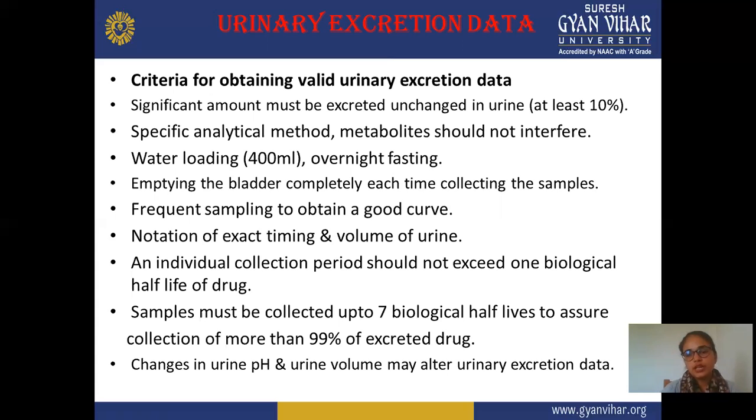Or we are considering that at least 10% of the drug is significant and must be excreted out in urine in an unchanged form. And with a specific analytical method, metabolite should not interfere. Means if you are using some analytical method or technique for checking any excretion or metabolism data, these methods should not interfere or show any problem in this excretion data.